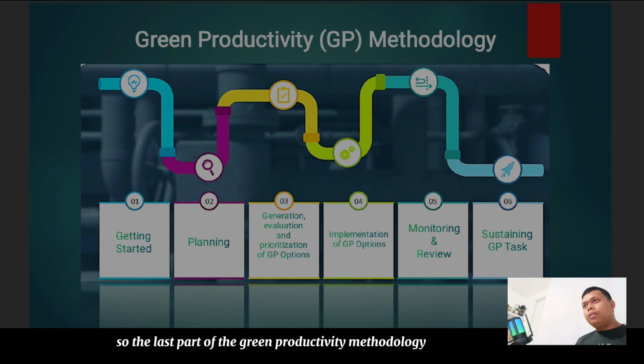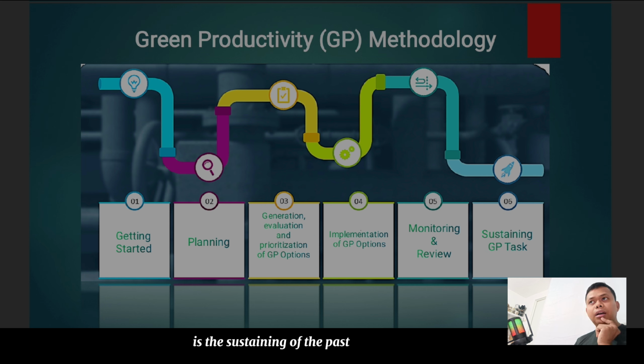The last part of the methodology is sustaining the task. Mainly, this involves some changes or improvisations in the execution of the plans or the programs, based on the adaptability or the existing problems being faced along the way. So there can be some areas of improvisation during the analysis.